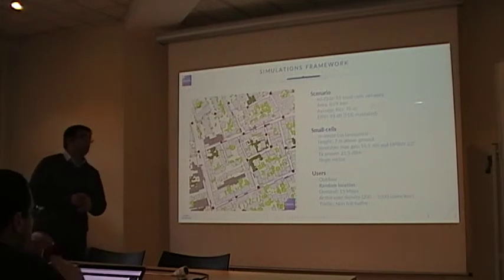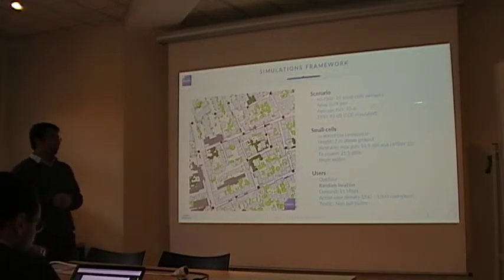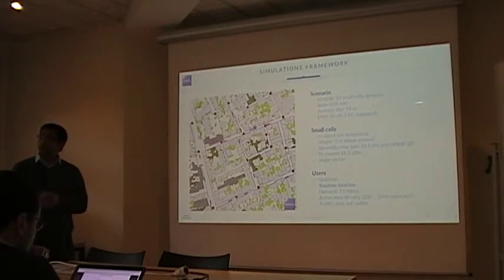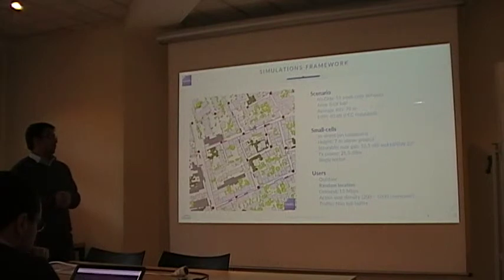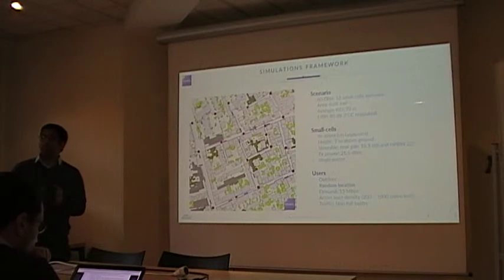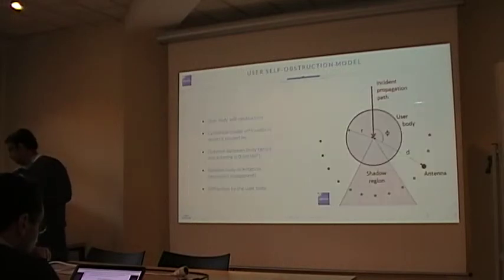And the transmit power is 21.5 dBm. The users are randomly located along the pavements. So this is one stochastic component that exists. The demand of the users is 15 Mbps. And the active user density is, depending on situations, 200 or 1,000 users per square kilometer. And the traffic considered is non-full buffer.